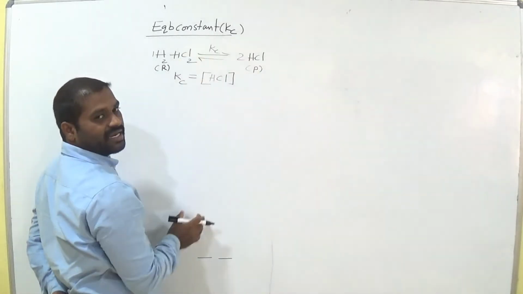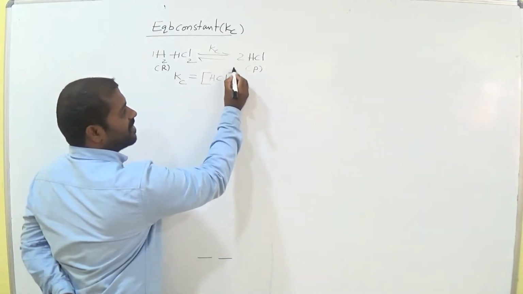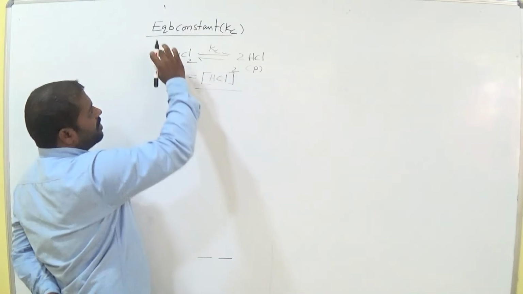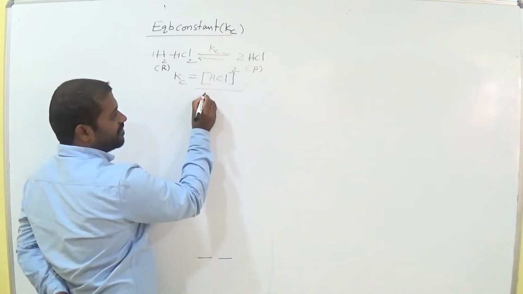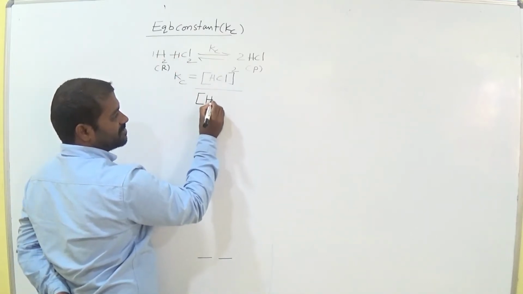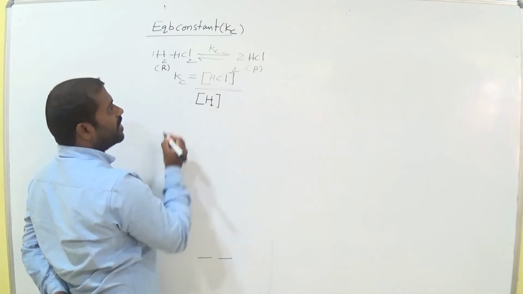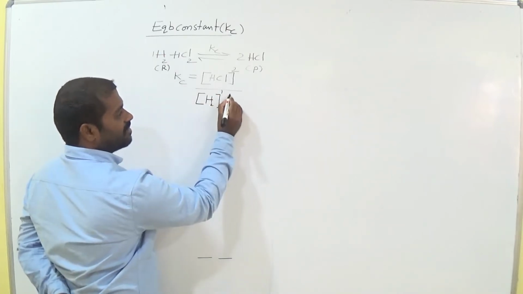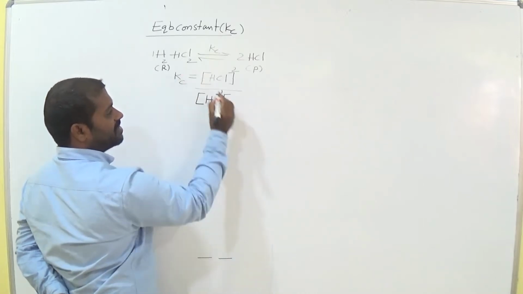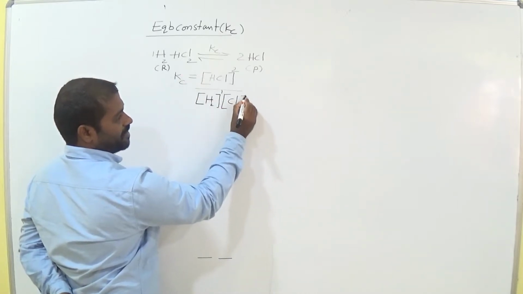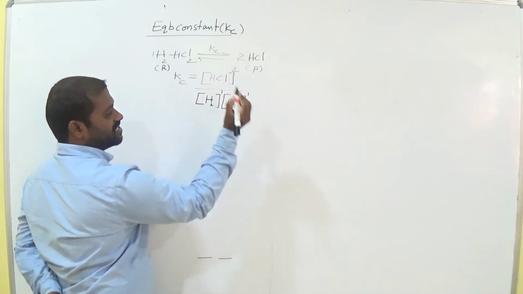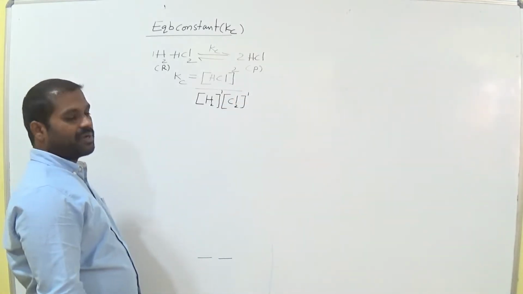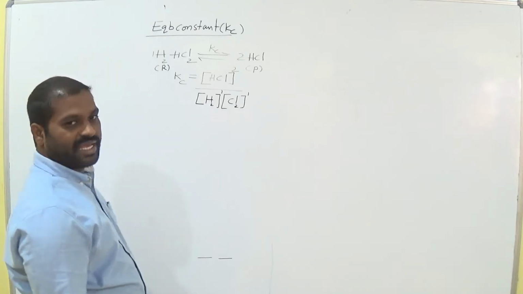What is the coefficient here? 2. Write as power, by the molar concentration of H2. What is the coefficient? 1. Write as power. And molar concentration of Cl2, and its power is 1. Am I right? This is the expression for the equilibrium constant for the given reversible reaction.